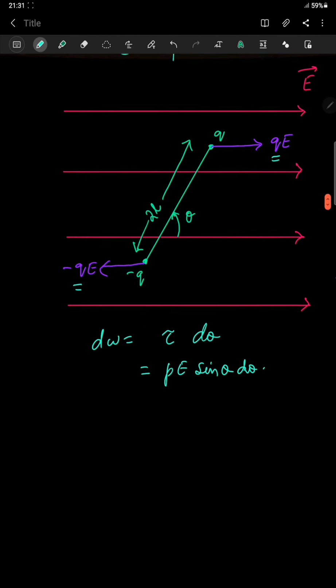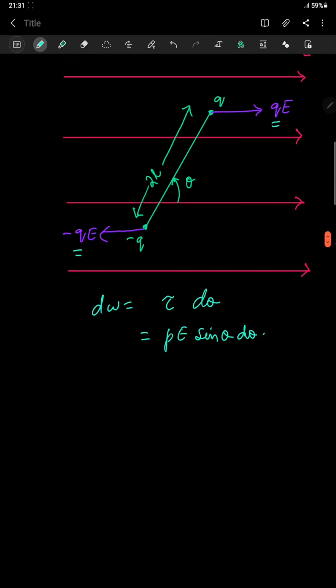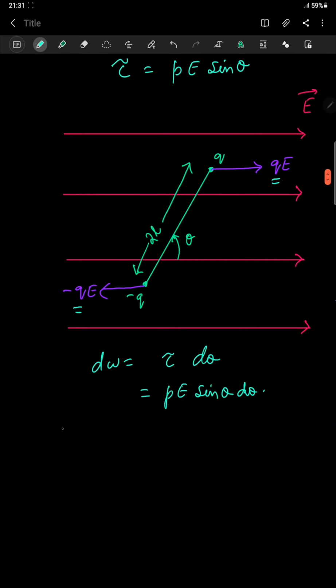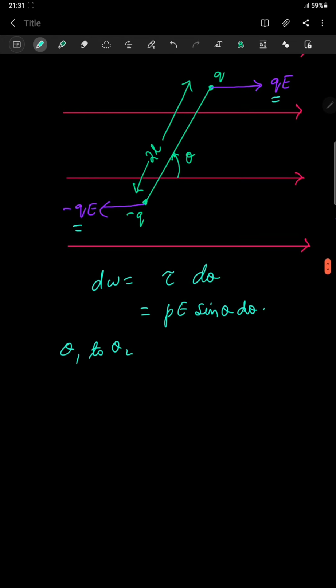So the total amount of work done in rotating the dipole from orientation theta 1 to theta 2, how much will it be? It will be the integration of dW, from 0 to W, equal to the integration of pE sine theta d theta. So p and E are constant, they will come out of the integration, and the limits will be from theta 1 to theta 2.